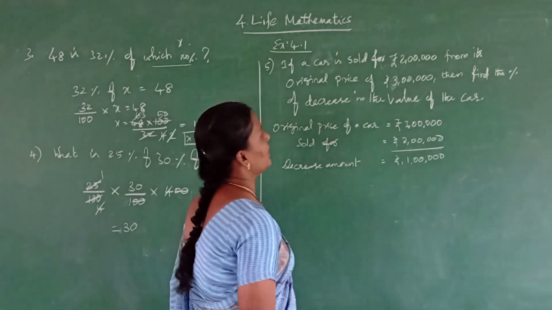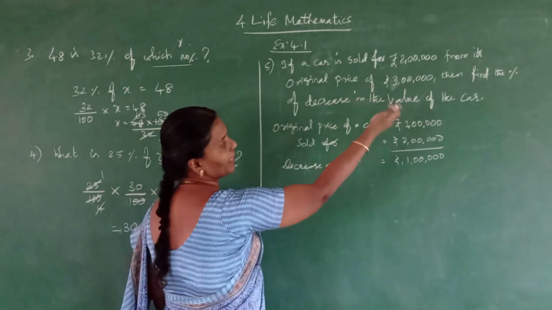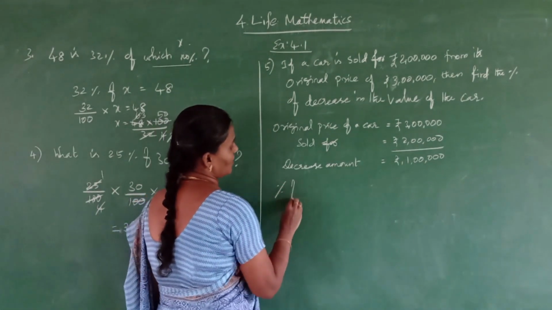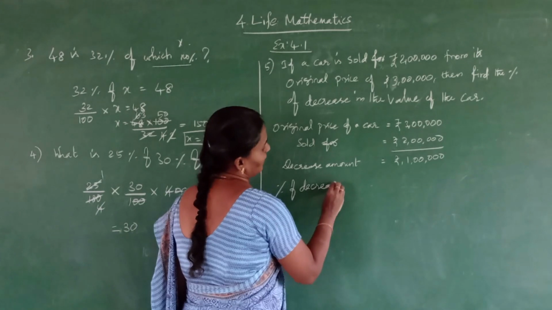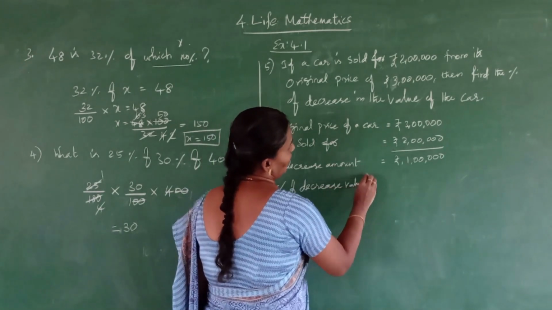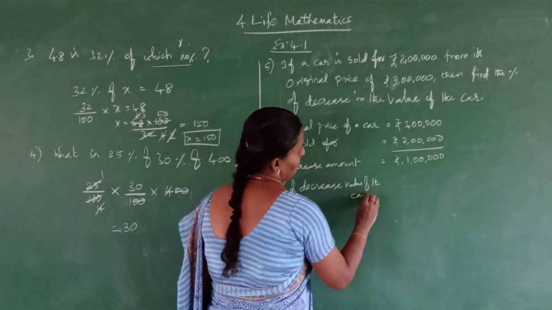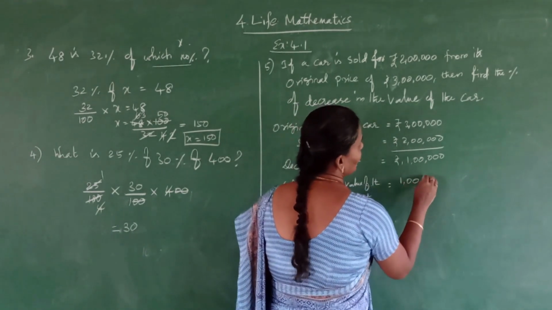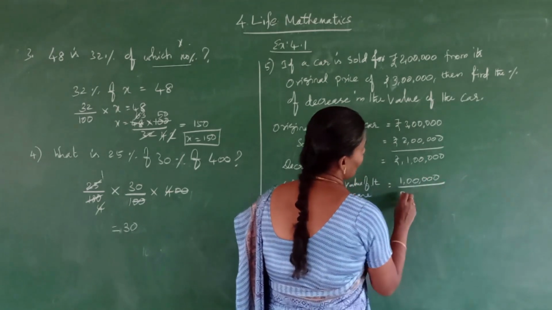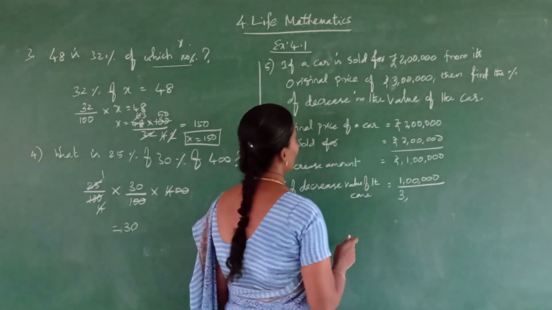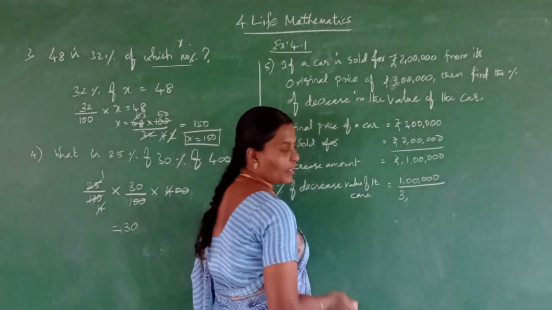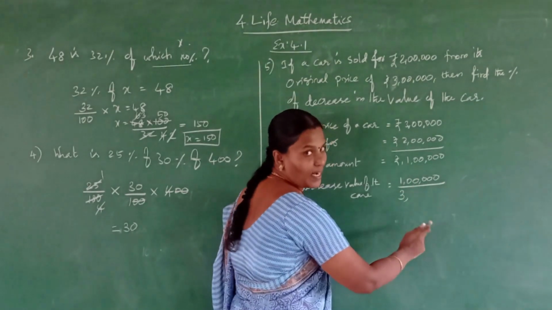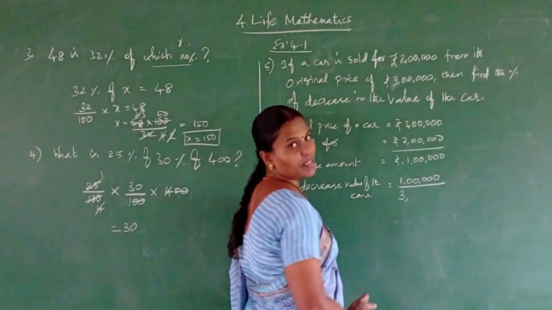Okay, so you have to find out the percentage of decrease in value of the car. So how do you find it? Here 1 lakh is the decrease amount, divided by the original amount. Which is the original amount? 3 lakhs is the original amount. Decrease percentage means decrease amount by original amount into 100%.